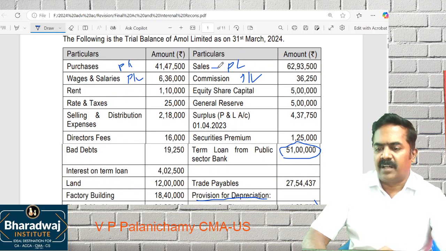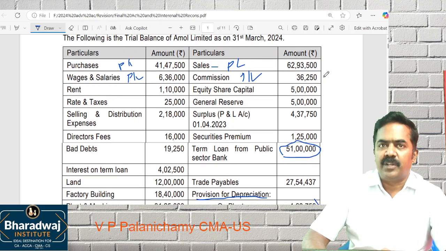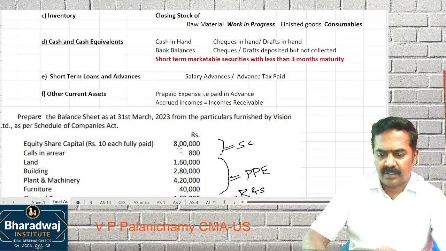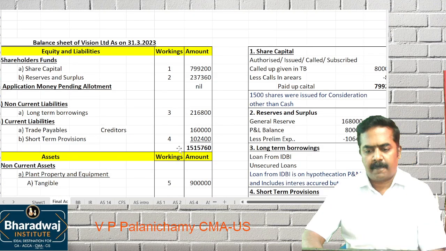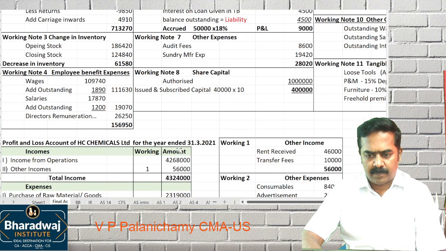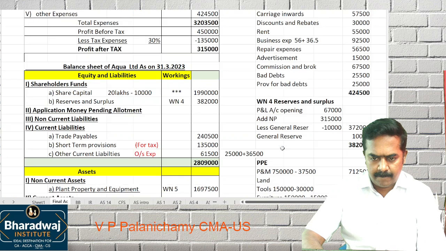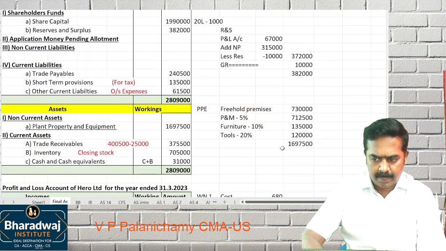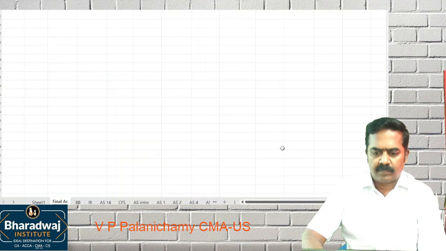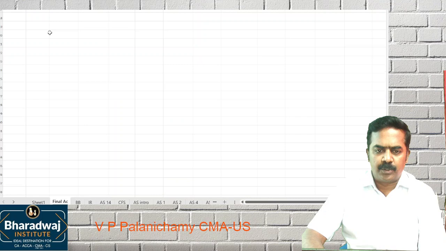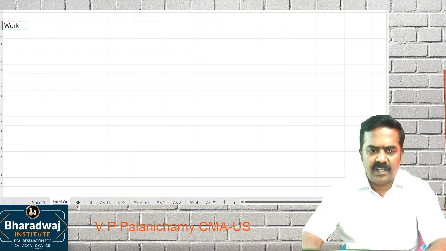The sales will be called as what? Income side. Sales will be called as which one? Revenue from operations. Let us begin. Let us do it together. Start. Working note 1, after leaving 2 pages gap.